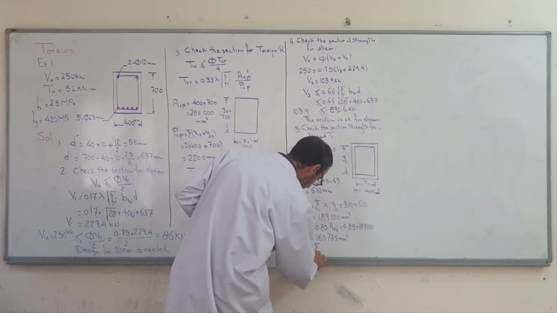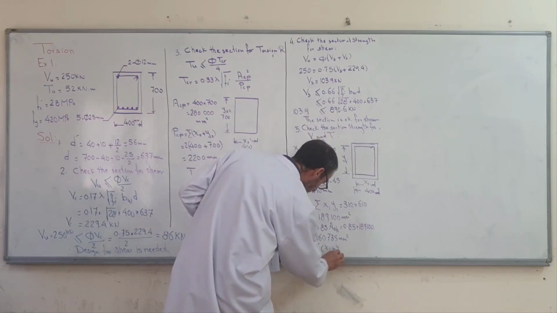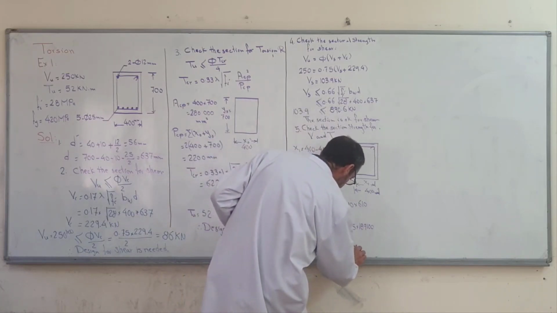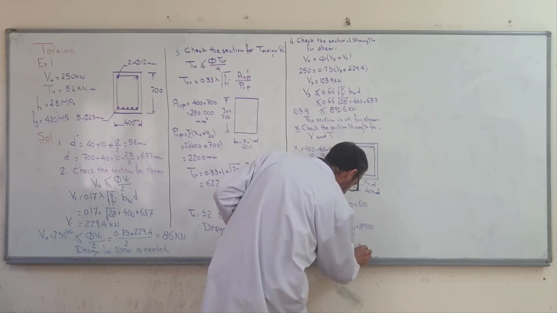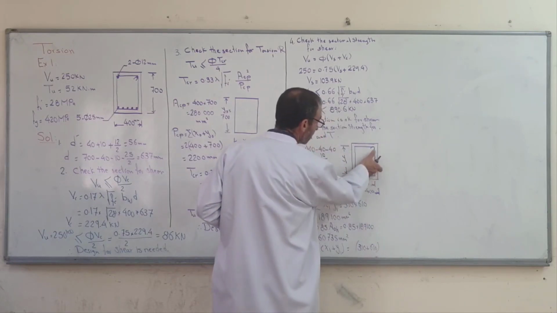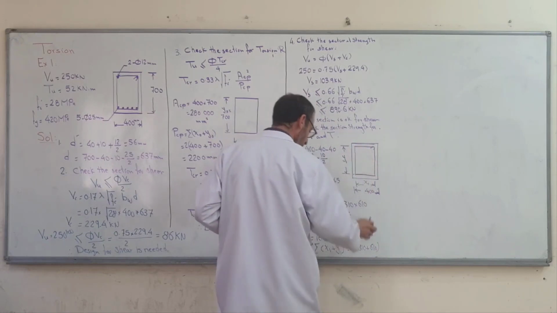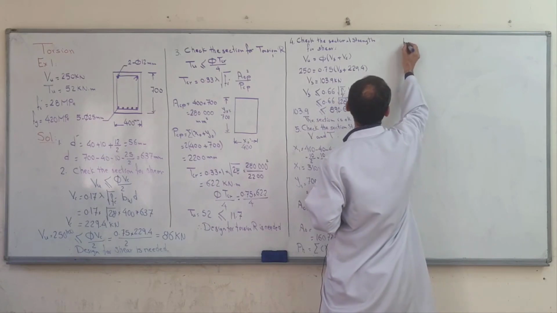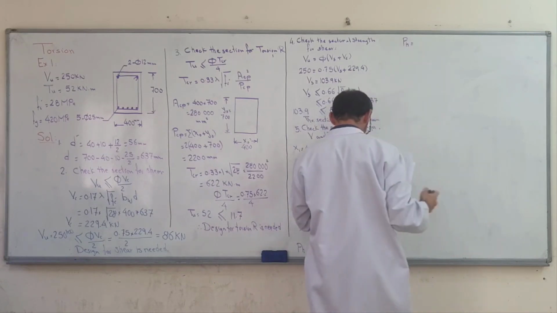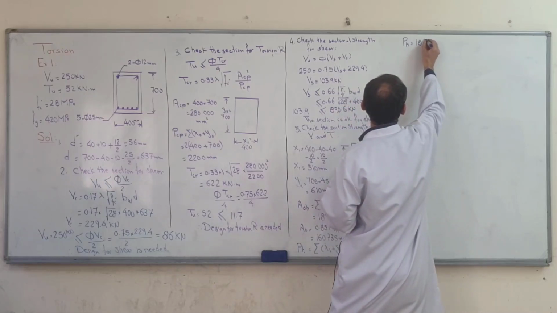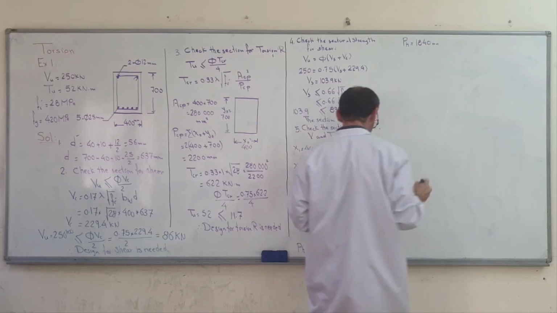It is equal to the summation of x1 plus y1, times 2. That is the ph value in millimeters.